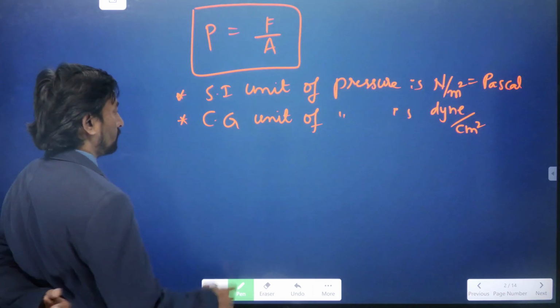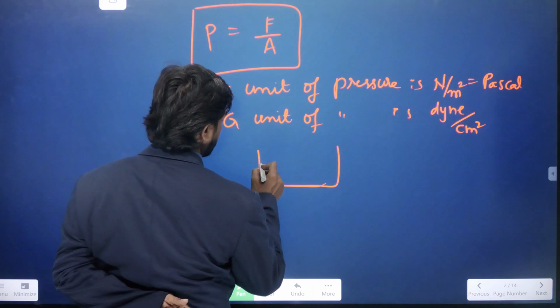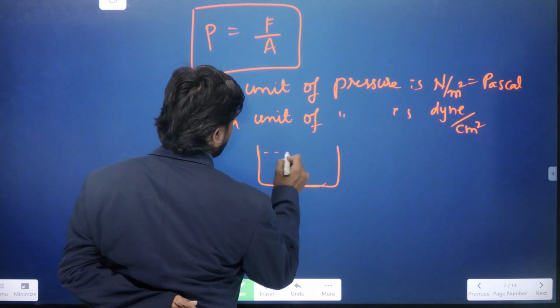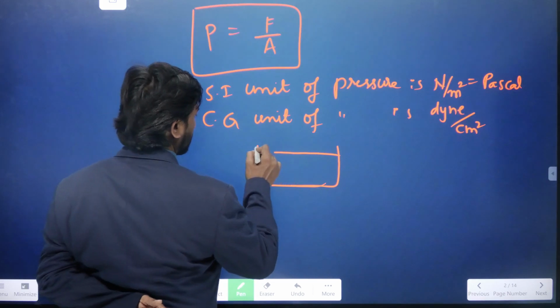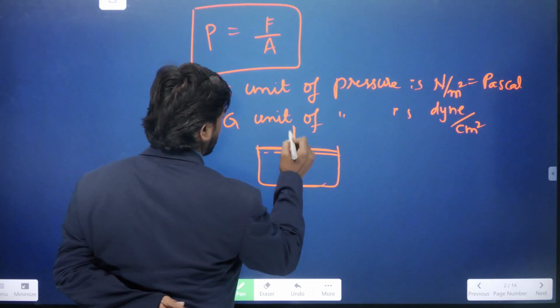Now, if pressure is applied on an object, how can you apply the pressure? Suppose the liquid or a gas is there in this container. Over the surface of this fluid, we apply the pressure by using a piston.